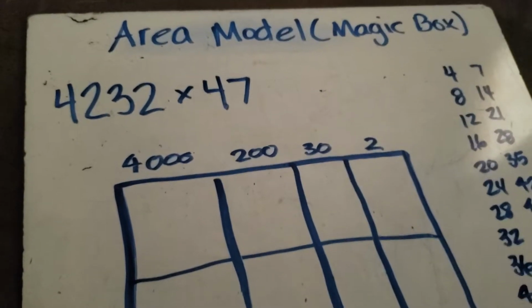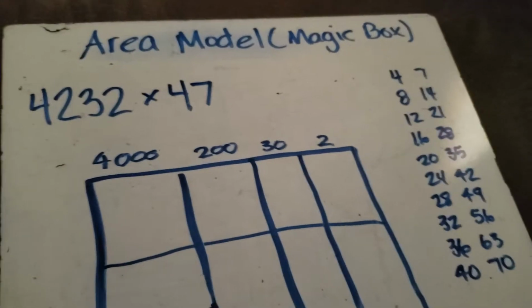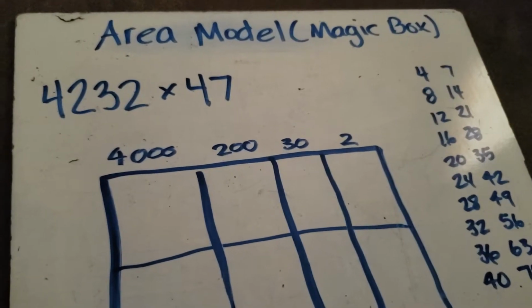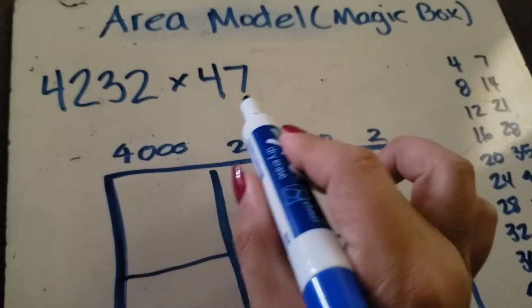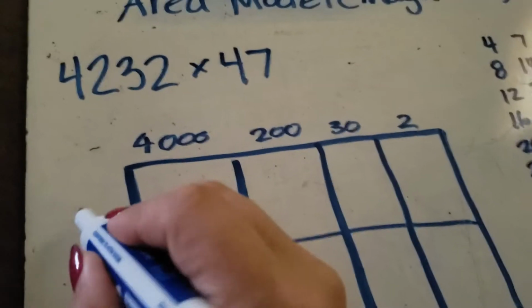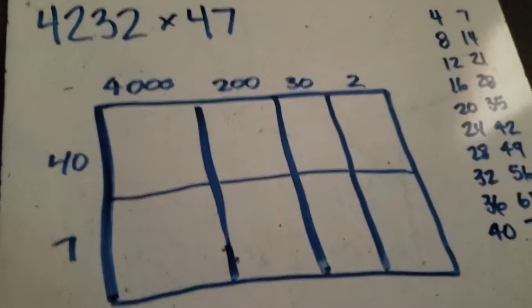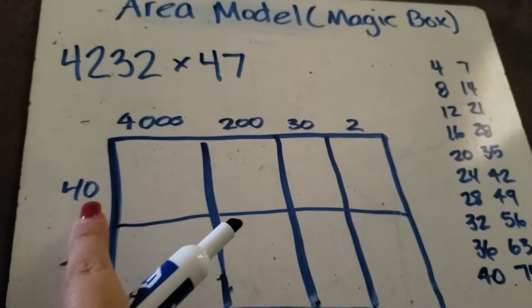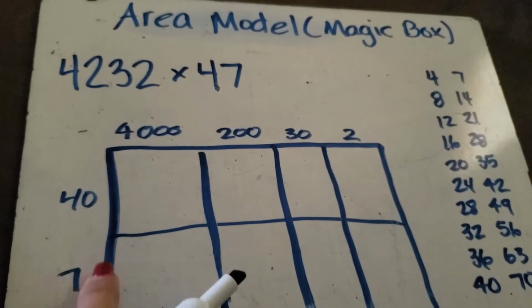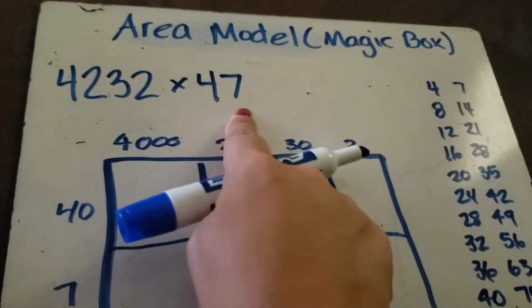I try to have the least amount of steps because kids already don't typically like showing their work. So I try not to add anything unnecessary they don't need. Same thing here, 47. So right here I write a 40, and right here I write a 7. Okay? Just like with their standard algorithm, I recommend that they go ahead and choose the one, like there's only 2 numbers here.